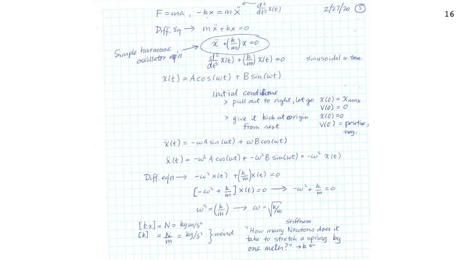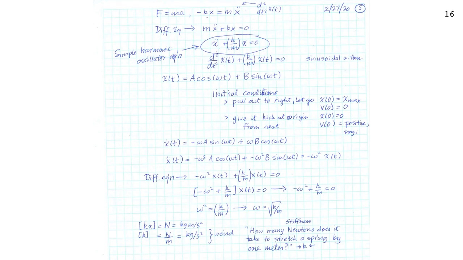So when you're looking at this, you have to ask yourself, I want a function that I could differentiate two times and have the same function back with maybe some constants out in front. Now we've already done this. It's sines and cosines, or I'll just write down sinusoidal with time.